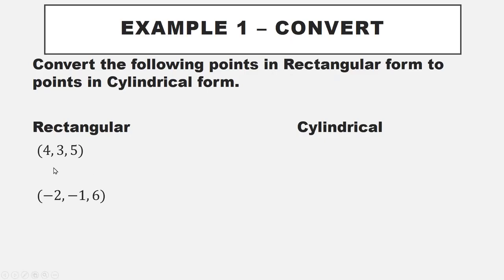So let's do a couple of examples here, going from rectangular points to cylindrical points. We have the rectangular point 4, 3, 5, and the rectangular point -2, -1, 6. And we want to find the corresponding cylindrical point.